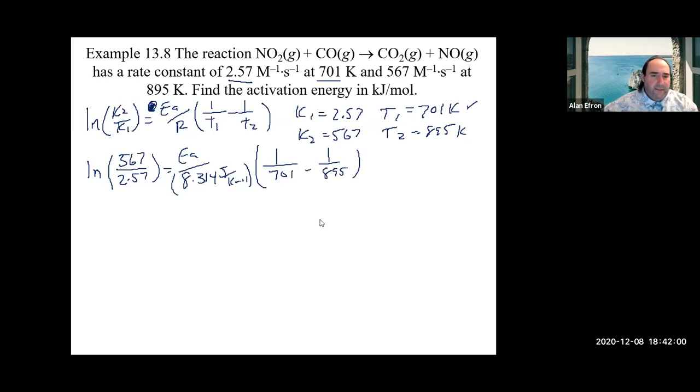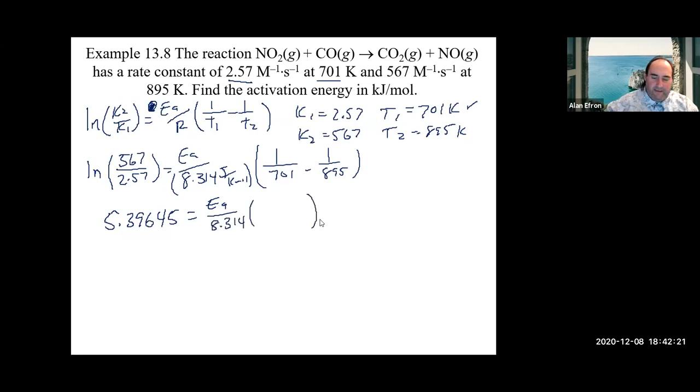So if we do a little cleaning up here on the left-hand side, 567 divided by 2.57, and then take the natural log of it, you get something like 5.39645 equals E of A over 8.314.